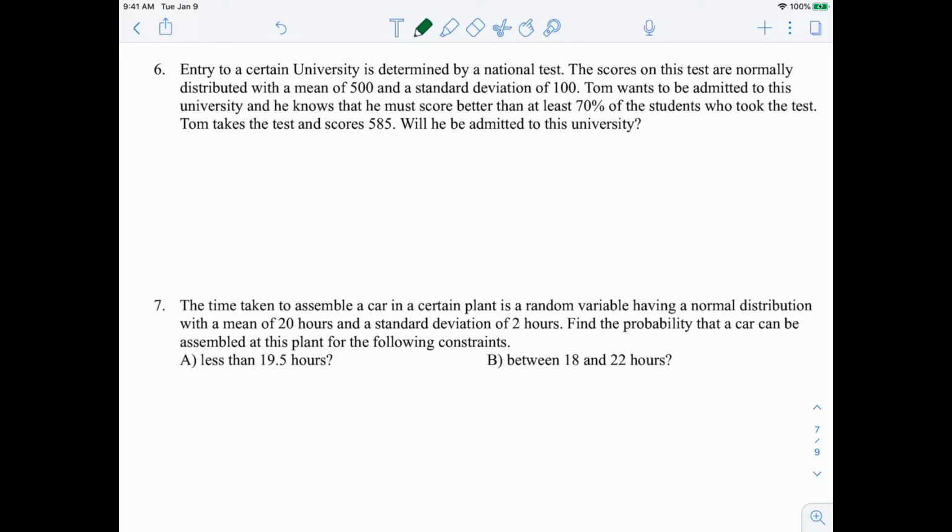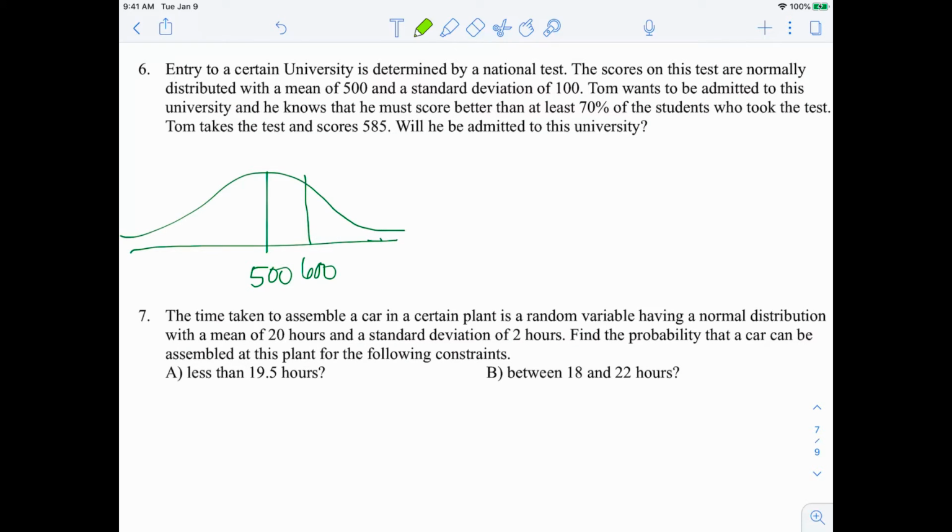The first thing I'm going to do is draw the normal model. Now, we know that the test has a mean of 500 and a standard deviation of 100. So if I go one standard deviation above the mean, that puts me at 600. We know that Tom scored 585, which happens to be just below one standard deviation above the mean.